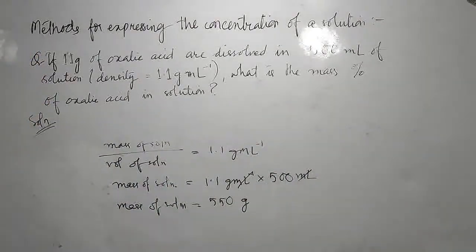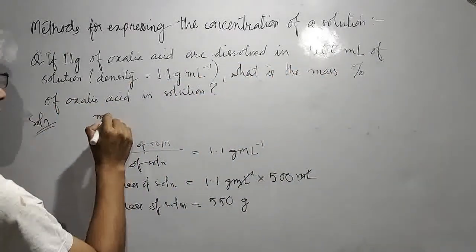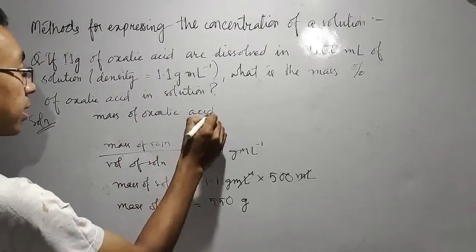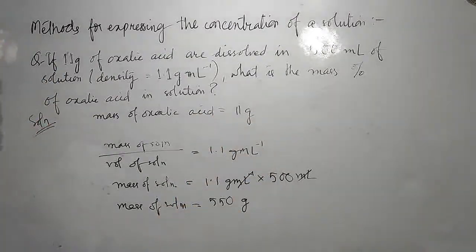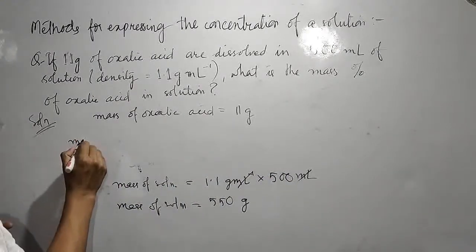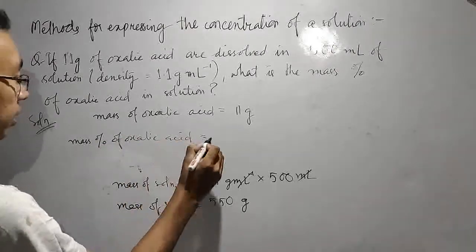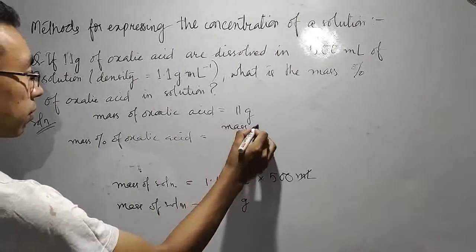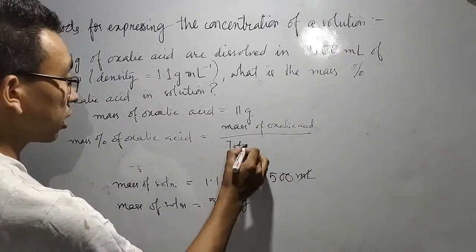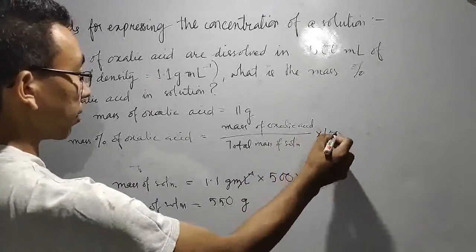Next, we are asked to find the mass percentage of oxalic acid. The mass of oxalic acid is 11 gram. So mass percentage of oxalic acid will be mass of oxalic acid divided by total mass of solution, multiplied by 100.